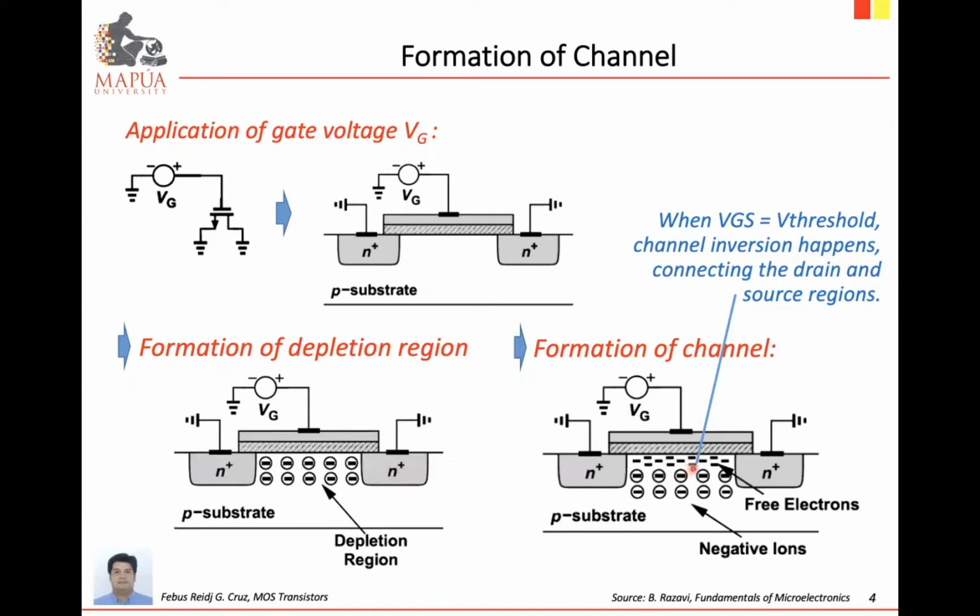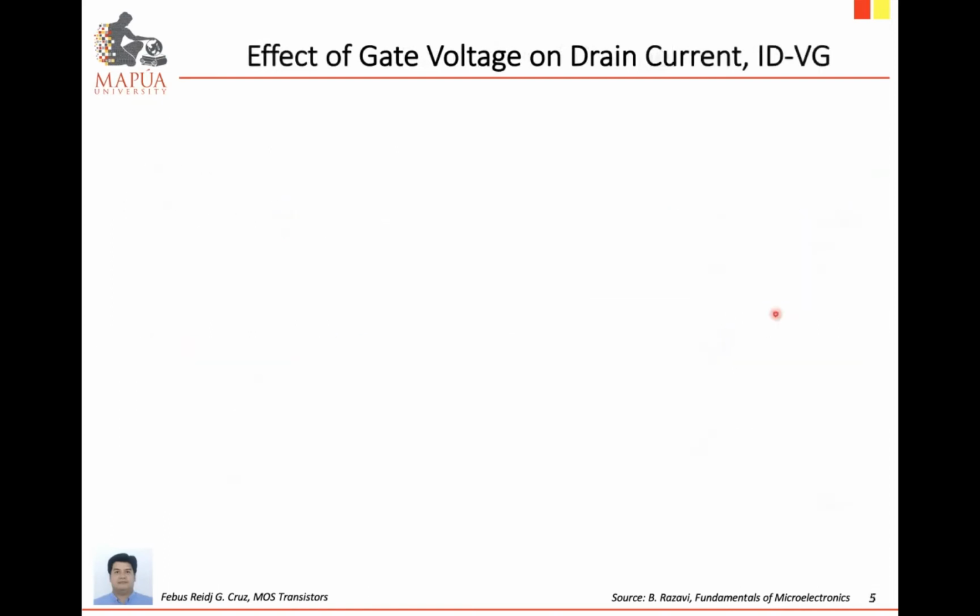It means that the characteristic of this layer reverses. Originally P-type, eventually it will become an N-type layer. The channel characteristic reverses, and that is what we call channel inversion. When that happens, it effectively electrically connects the drain and the source regions. Again, this is the effect of the gate voltage on the drain current.